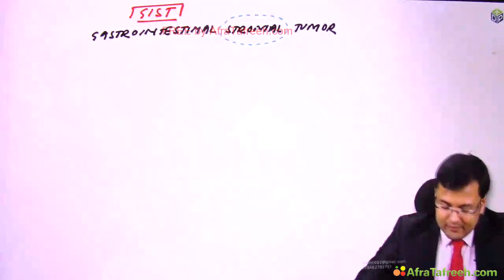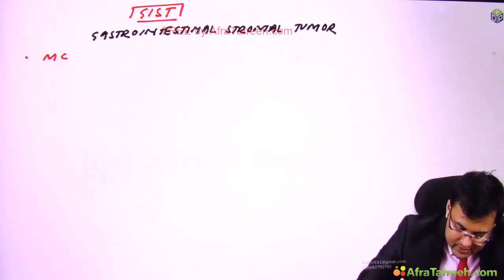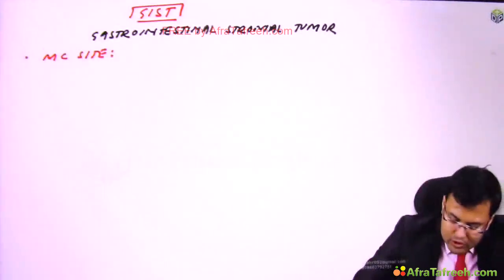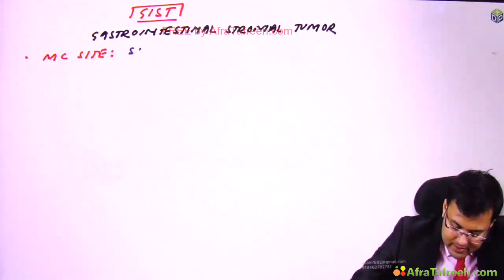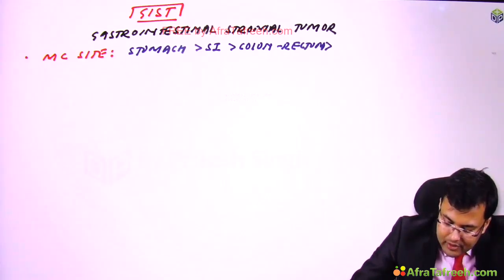So see the question. First, just what's the most common site? Most common site of GIST is the stomach, followed by small intestine, followed by colon, rectum, followed by esophagus.